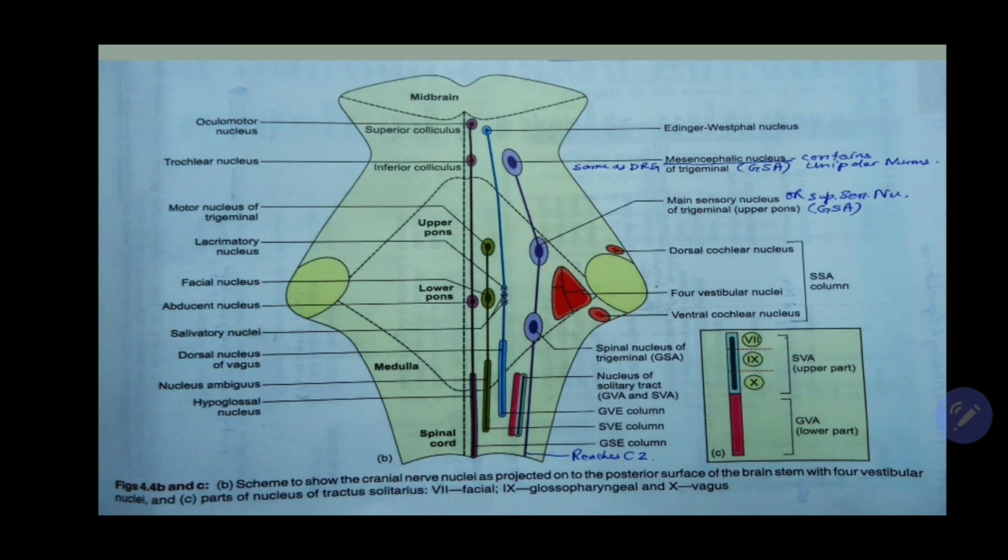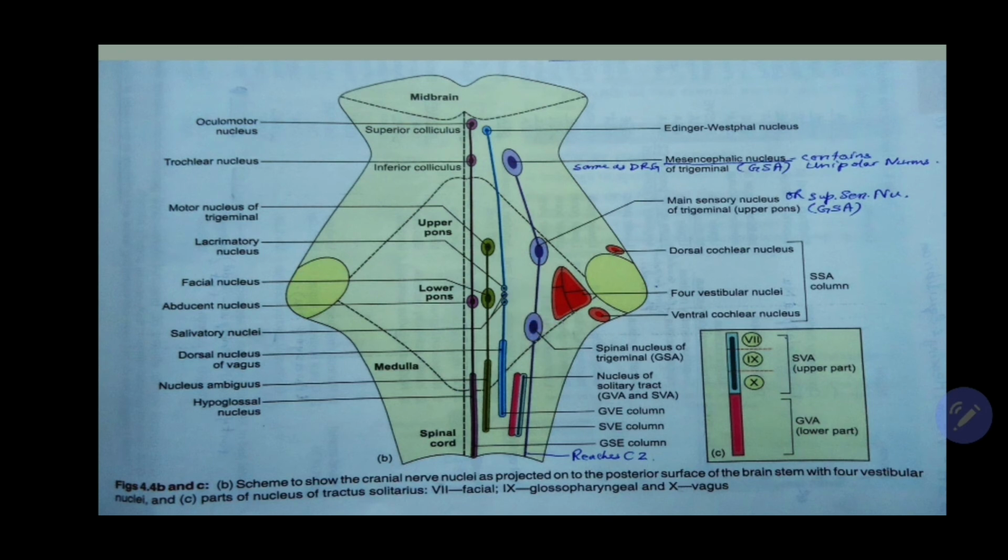Okay, then you have this nucleus. This also is an efferent functional column. This is general visceral efferent for the smooth muscles, and this will be a parasympathetic outflow. For this, there's the Edinger-Westphal nucleus, right? This is for the ciliaris and constrictor pupillae, and then you have the lacrimatory nucleus for the lacrimal gland.